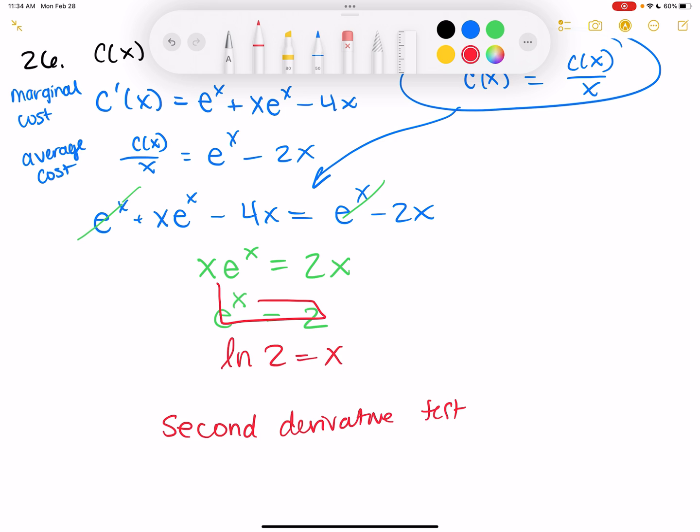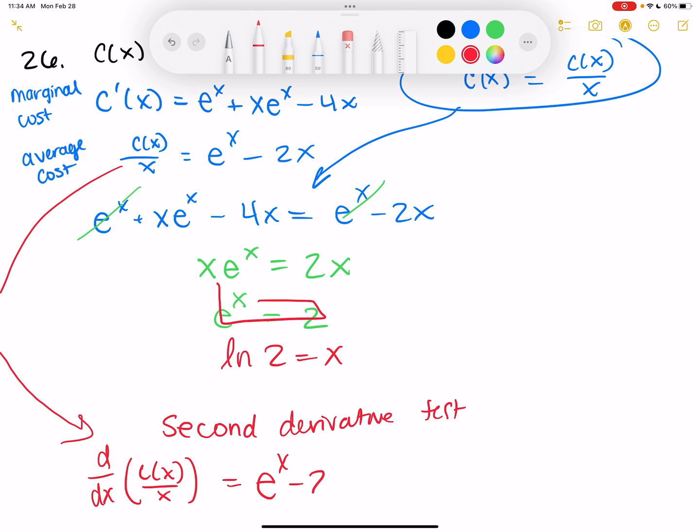So we take the derivative of C of x over x. We're literally just taking the derivative of that, which would be e to the x minus 2.